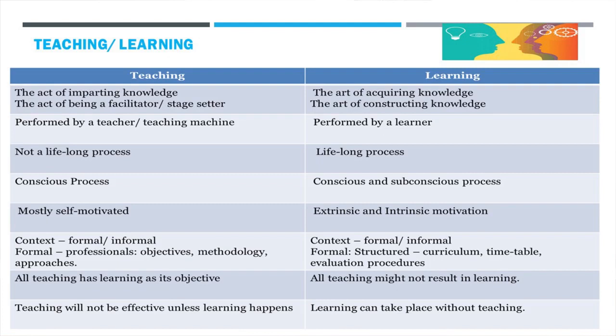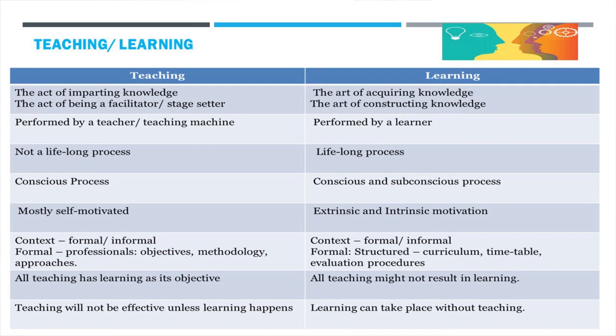Now, all teaching has learning as its objective. Whatever you try to teach, the objective is that you are trying to make someone learn something. So, that is the objective. All teaching might not result in learning. There is a great loss somewhere. There can be. Okay. Teaching will not be effective unless learning happens. So if a teacher comes to the class and teaches, that cannot be counted as you having learned everything out of the teaching process.